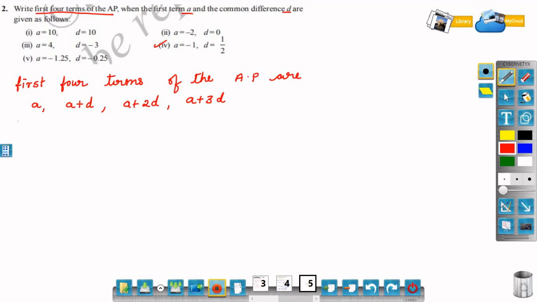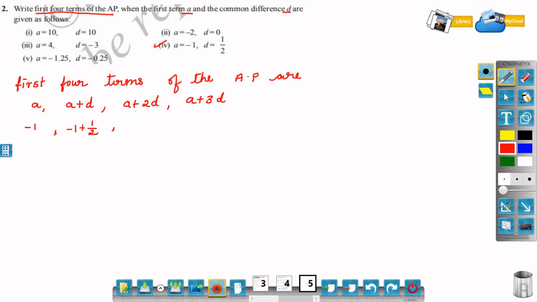Now, in the fourth one, what is A? Minus 1. I got the first term. What is D? Half. So substitute in this formula: A is minus 1, plus D is half.